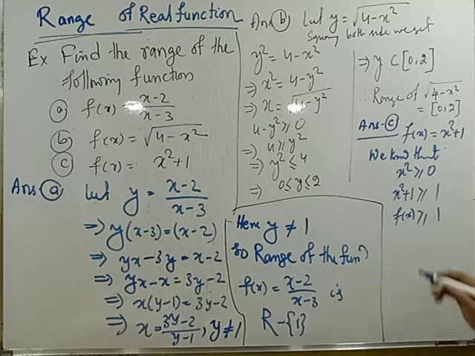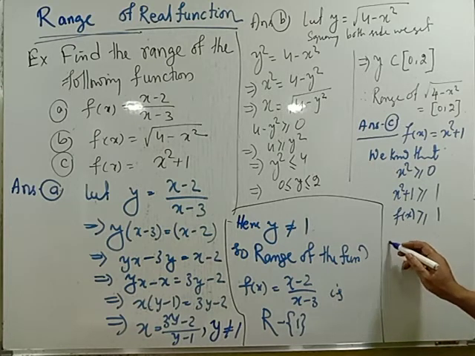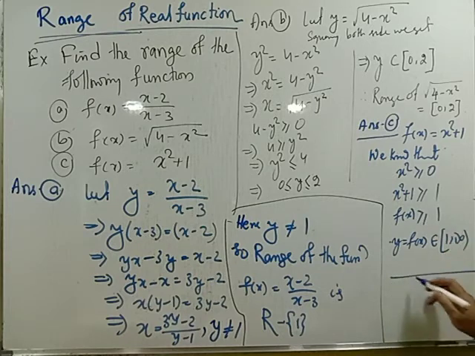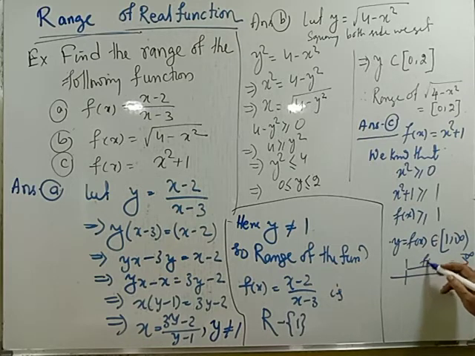What you have got means y is equal to f of x belongs to 1 to infinity, greater than or equal to 1. If you draw the number line, this is 1, and this side it is going to infinity. The f of x belongs to 1 to infinity.